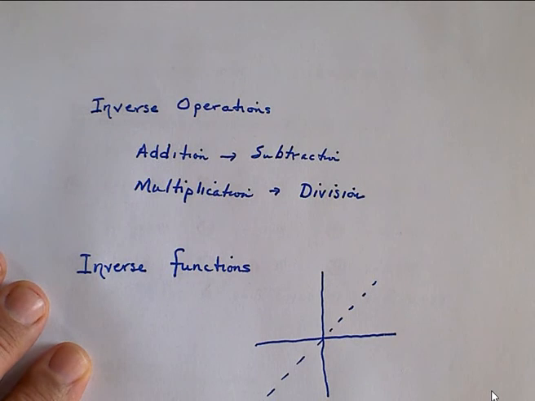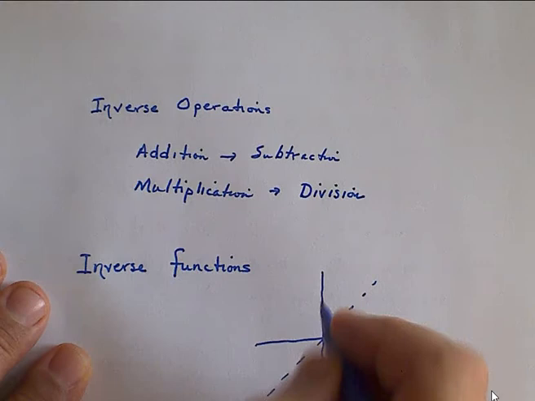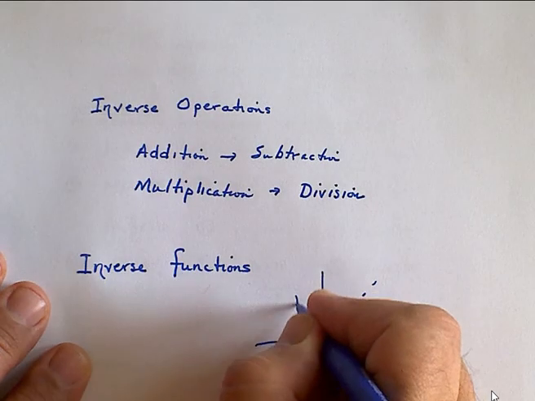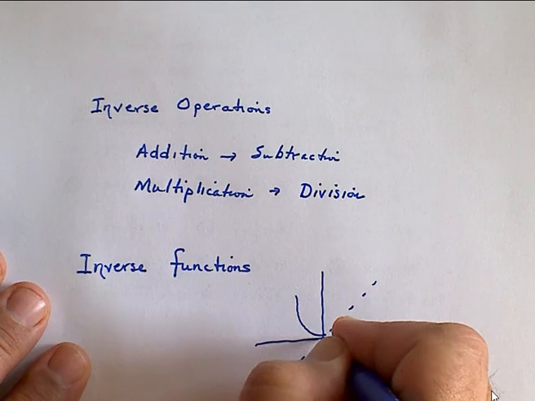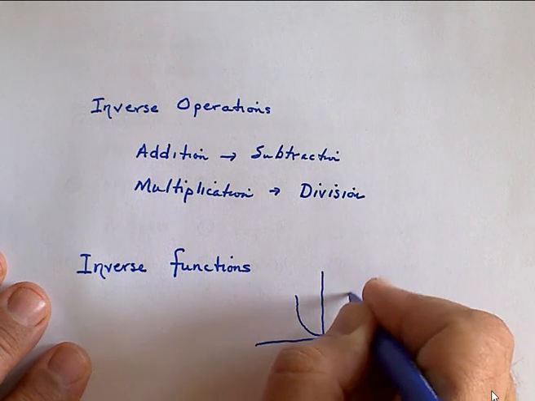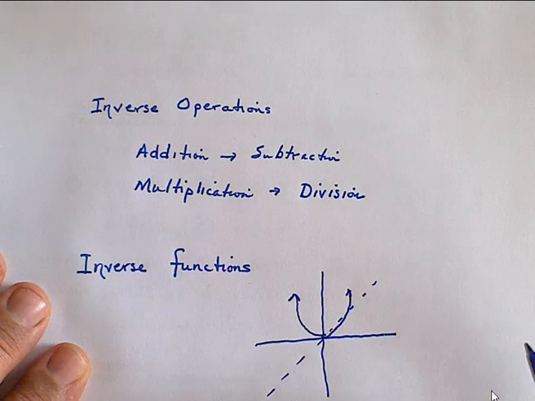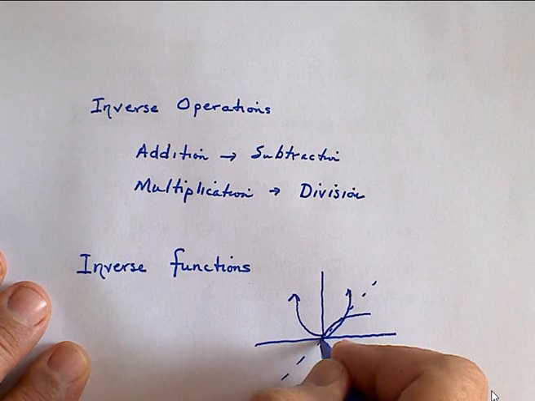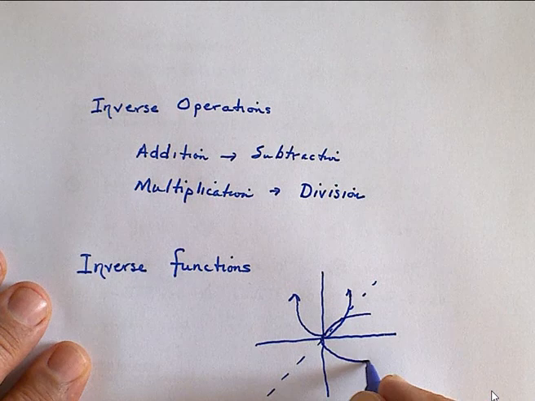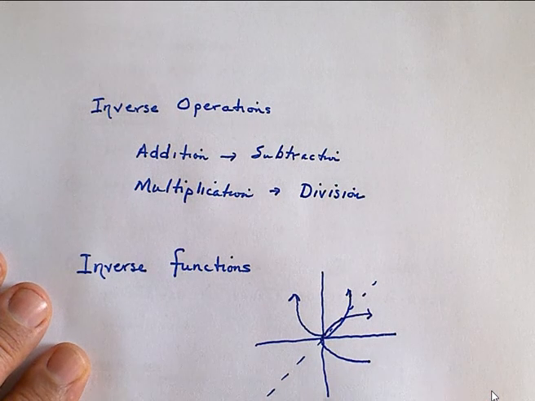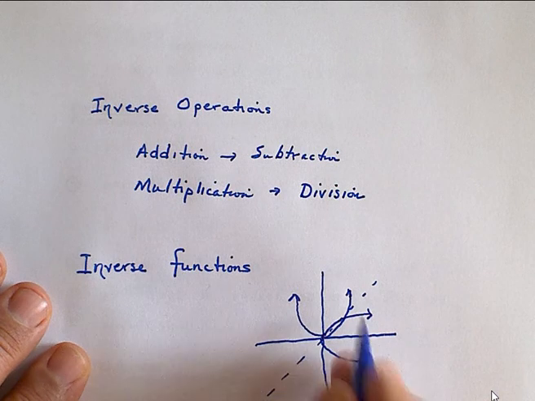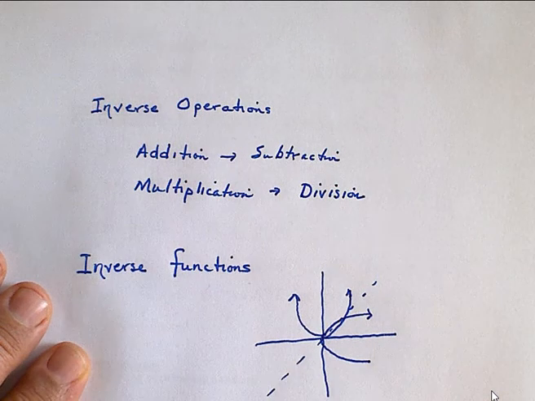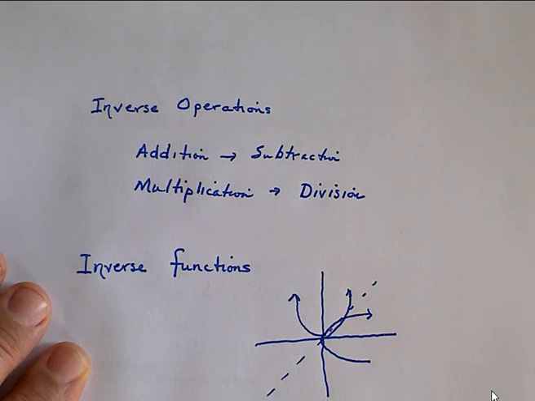Two functions that are inverses of each other will reflect over that line. So if you have a parabola, then the inverse of that would do something like this, where each part of the graph flips across this diagonal line of symmetry. So that's what's true.